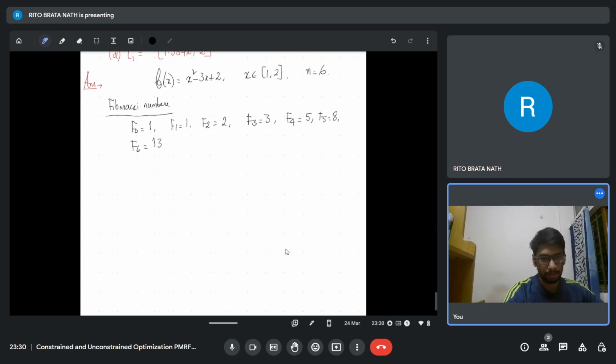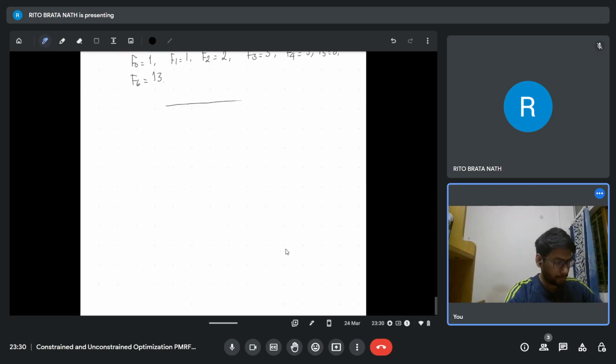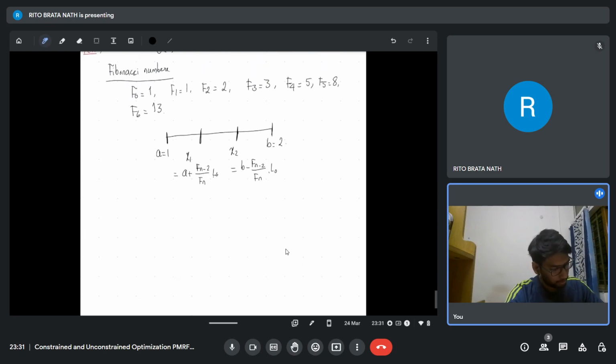Up to this will be required in this problem. In the Fibonacci search method, this is A, this is B. So your A is 1, B is 2, and you take 2 points x1 and x2. x1 equals A plus f(n-2) by f(n) times L0, and x2 equals B minus f(n-2) by f(n) times L0. Here L0 is 2 minus 1, which is 1.